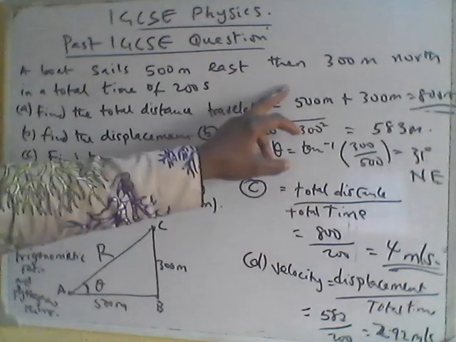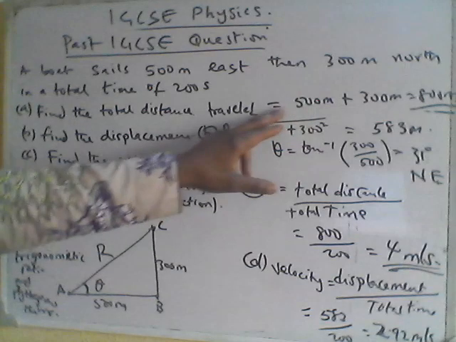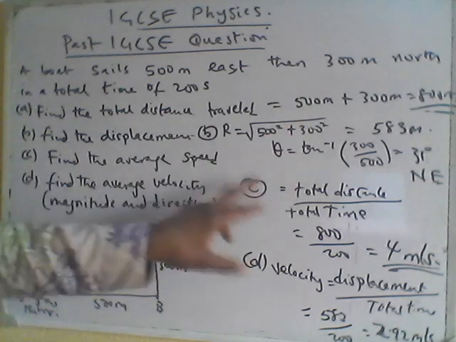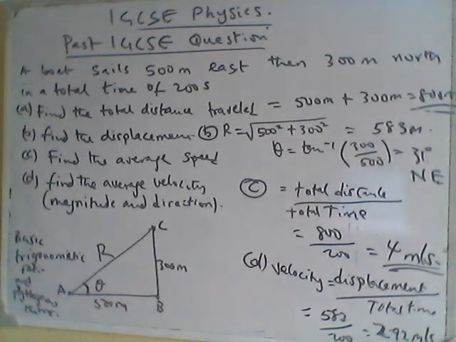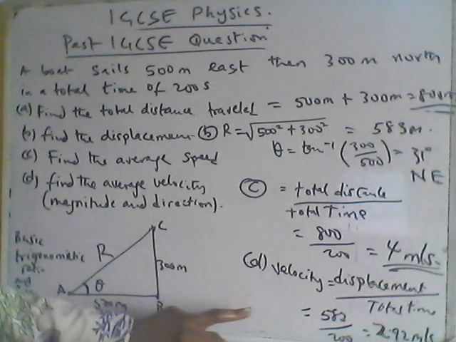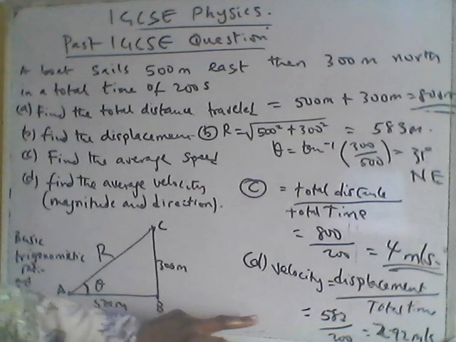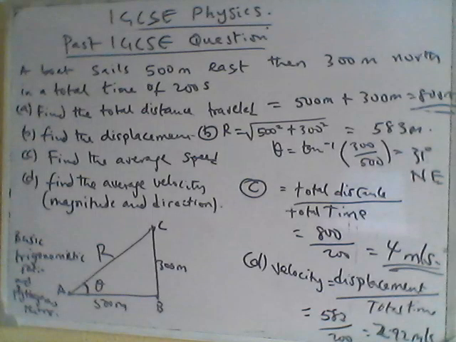So when I define the formula, that it is the total distance traveled, all the formulas you define is 1 mark. If you substitute correctly, is another 1 mark. And if you note your direction correctly, is 1 mark. So you have a total of 3 to 4 marks in this kind of question.